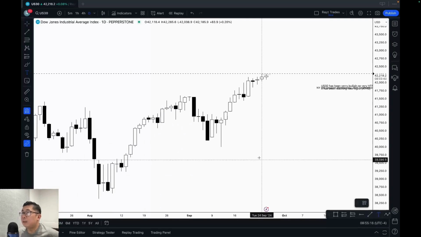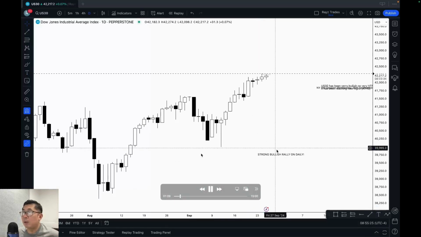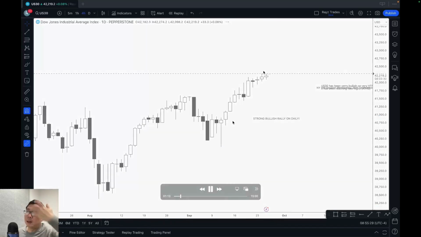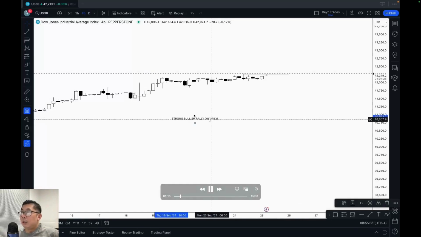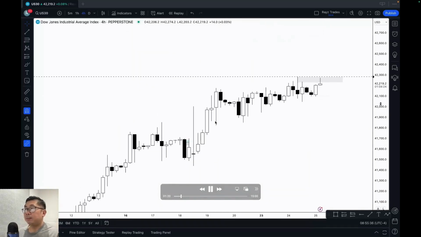As you can see now, on the daily, price has been really pushing bullish. It has created a higher low, and is looking for another higher high. Strong bullish rally on the daily. Now that's what I wrote.